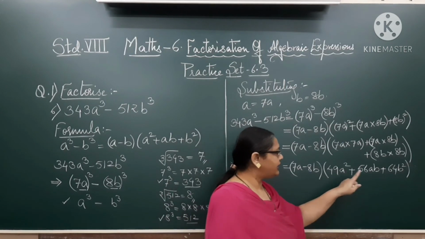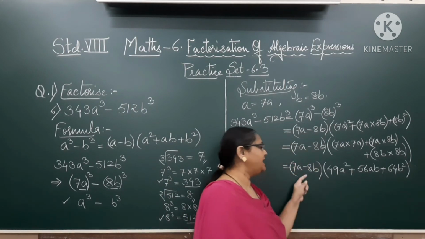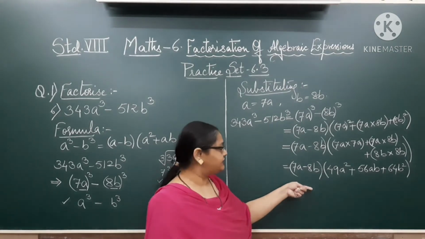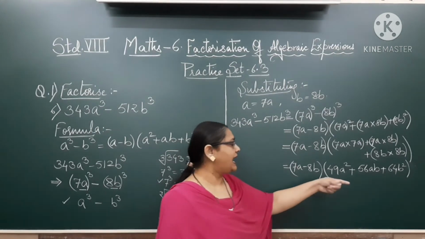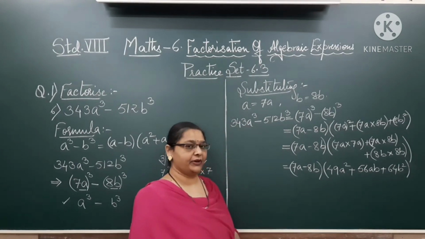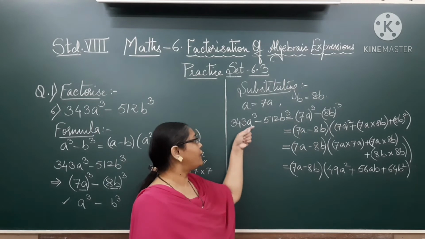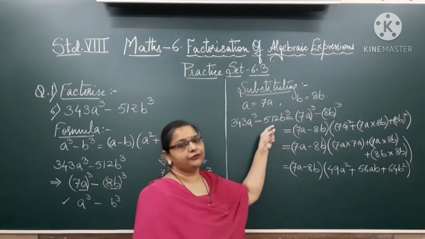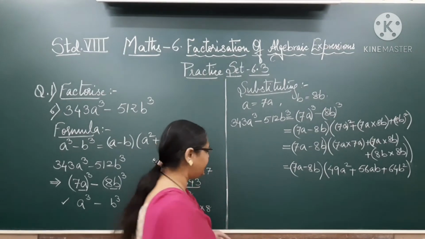Here it is a squared, this is b squared, this is ab, no, and as usual I have got two factors, 7a − 8b and 49a squared plus 56ab plus 64b squared, as two factors of 343a cubed minus 512b cubed. So let me stop it here.